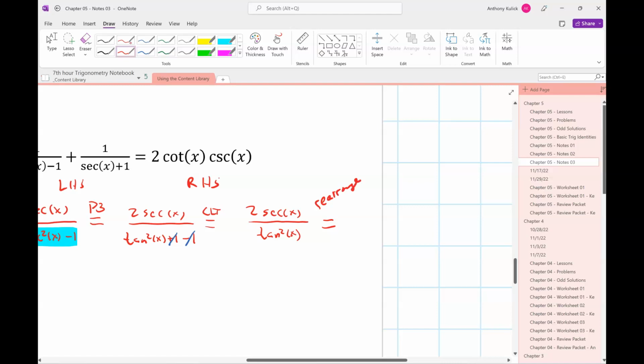So I have 2 times secant x times 1 over tangent squared x. Right? The numerator multiplied together times 1 over the denominator. Everybody cool with that? See why we did that? You see how looking at where I was trying to get to informed me to do that?